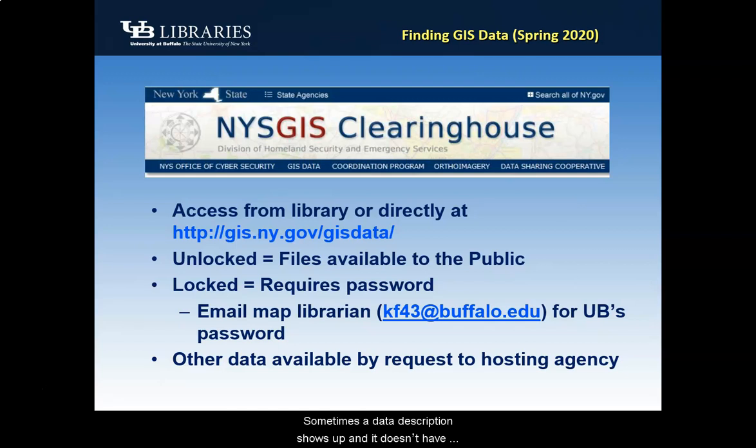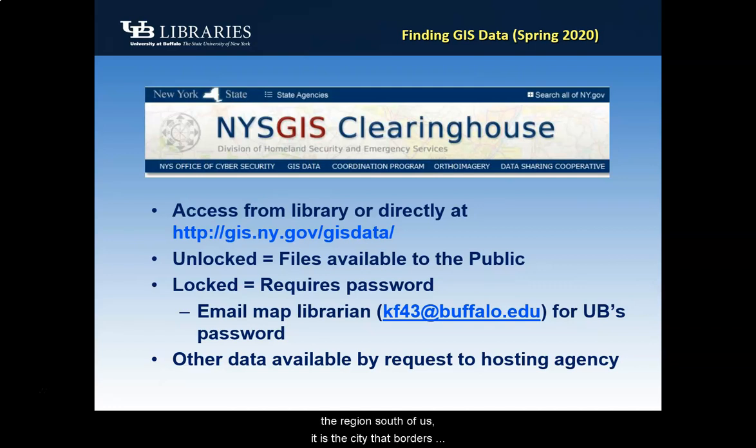Sometimes the data description shows up and it doesn't have a padlock image at all, but the data isn't there either. A contact should be listed instead. You can use this contact information to ask about obtaining the dataset. For example, I was browsing the clearinghouse last week and I saw a dataset available from the city of Lackawanna.